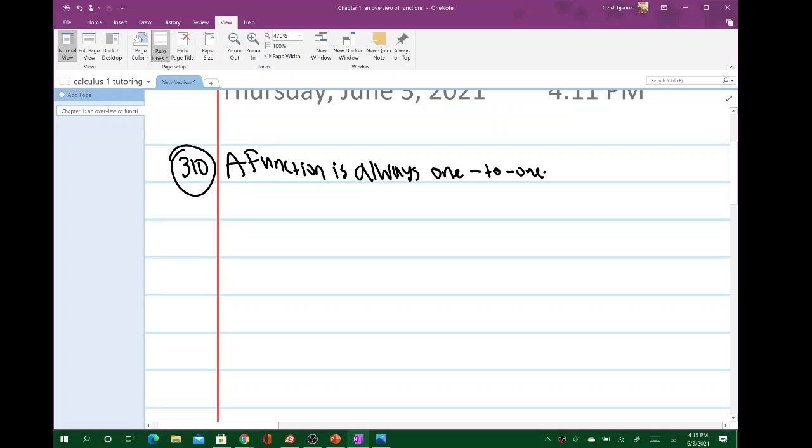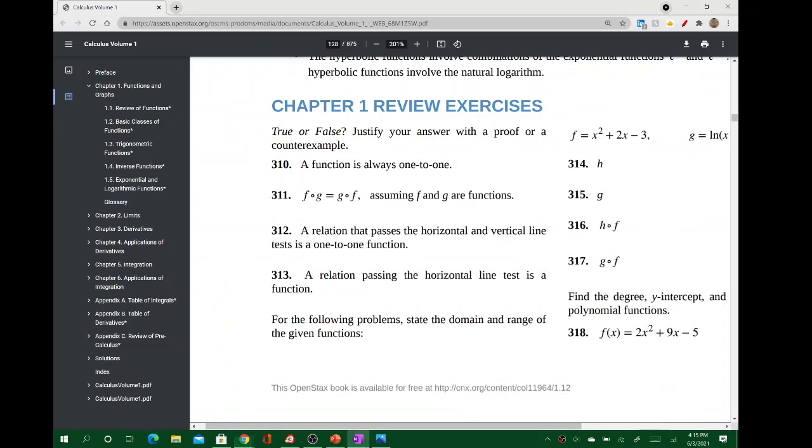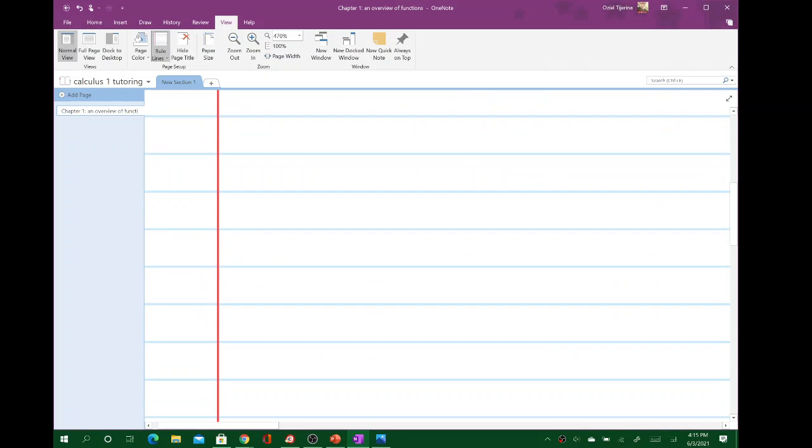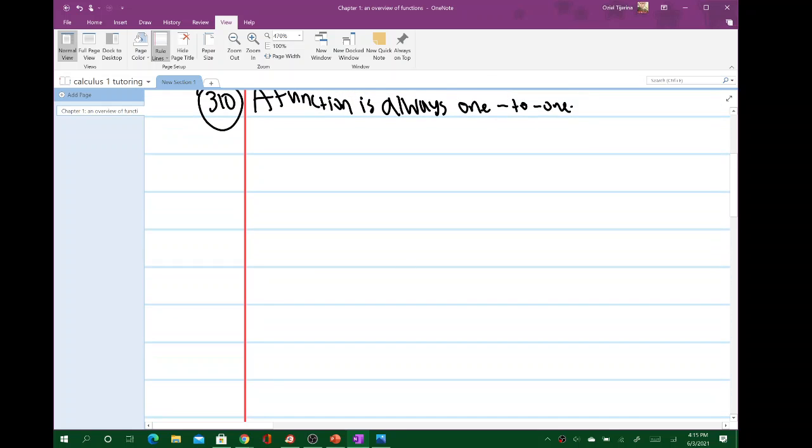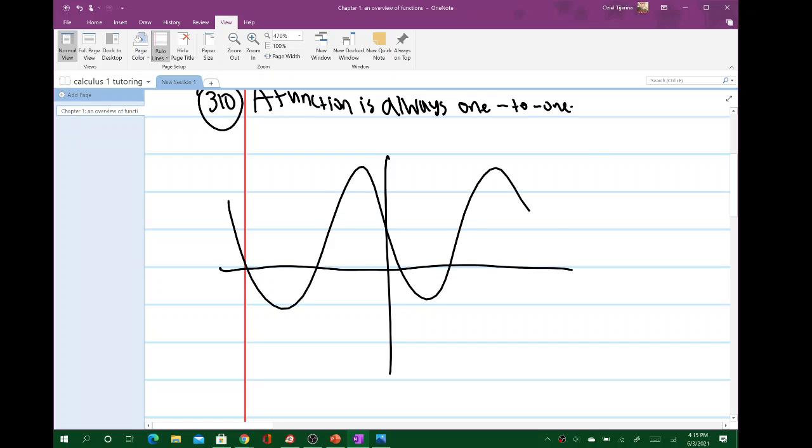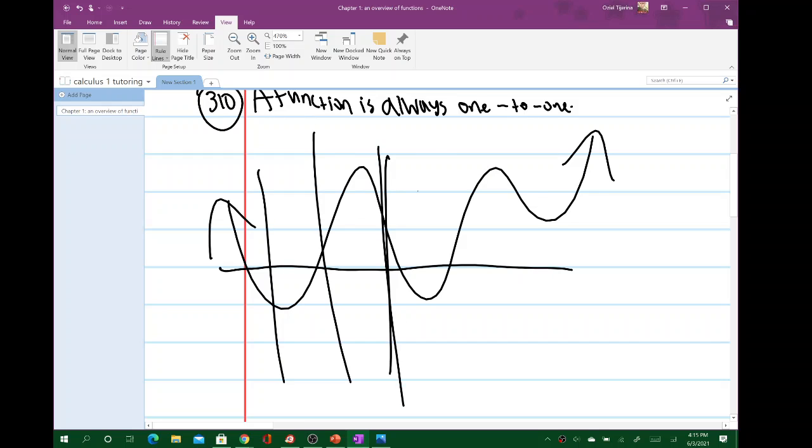Now, that is true, and that is because basically any function that we have, it doesn't matter what kind of function it is, let's say we have this curve, it's always going to pass not the horizontal line test, the vertical line test, excuse me.